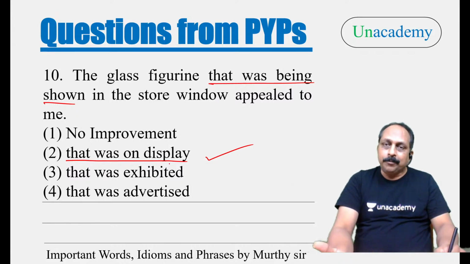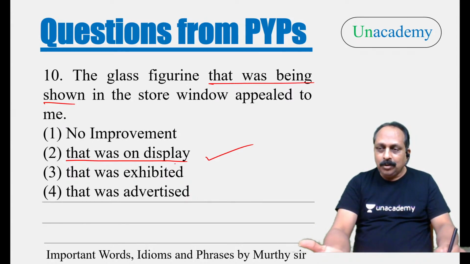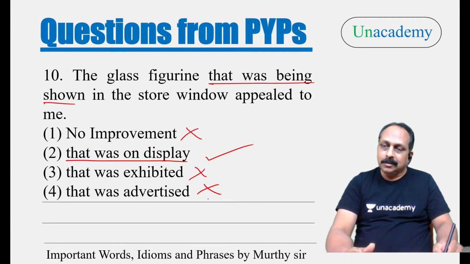There's a standard phrase, a standard expression. Something is on display. So, here it is purely based on contextual awareness and also exposure to the language. Based on that, you should be able to answer in a second. No, no, no. This is not correct. Answer is the second option, that was on display.